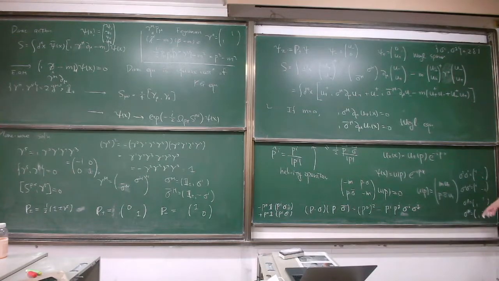So this small version of Clifford algebra is satisfied.